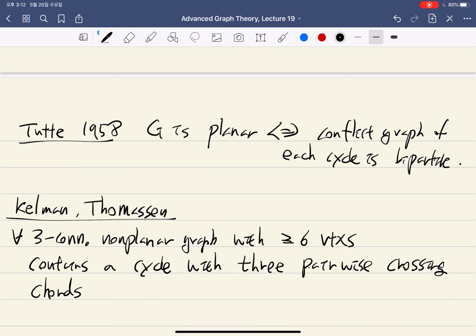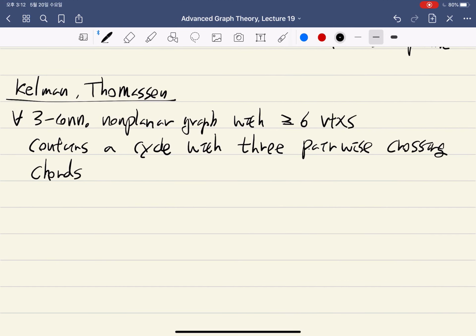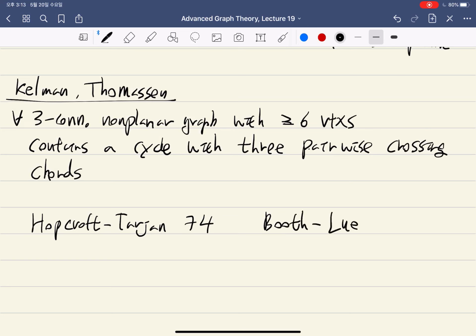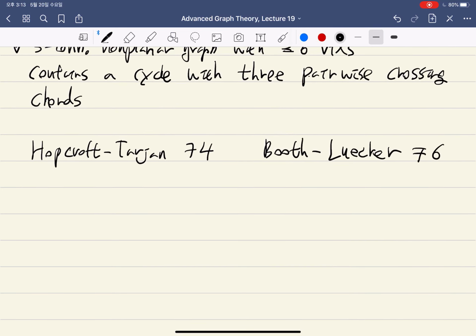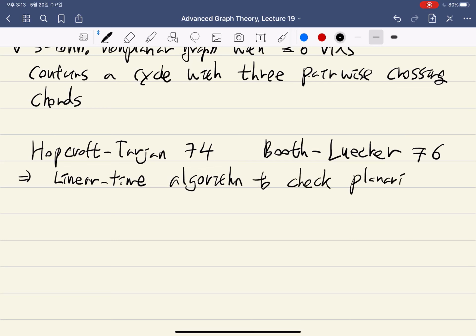There are several linear time algorithms, like Hopcroft and Tarjan in 74, or Booth and Lueker in 76, linear time algorithms to check planarity, which are quite complicated.